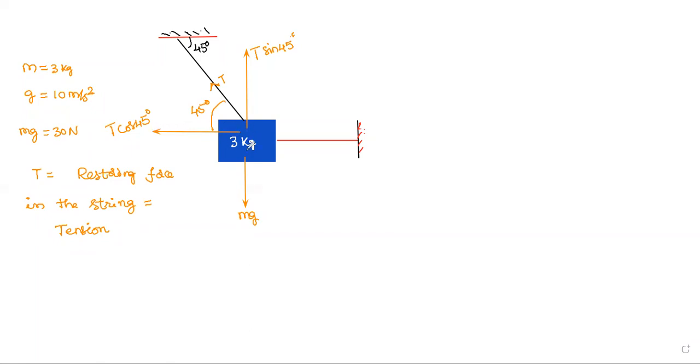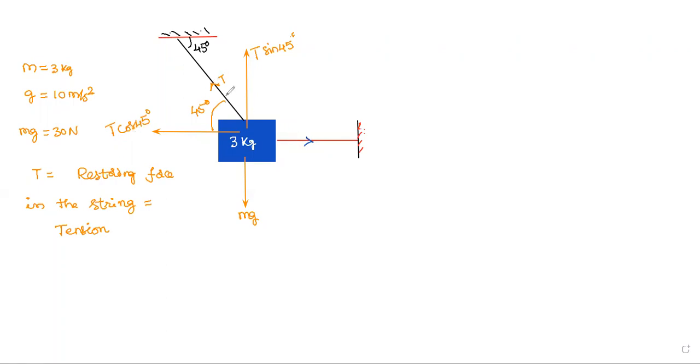But this mass can't move freely. It is connected to another string, the red color string towards the right. So when the mass tries to move towards the left, immediately some tension will be generated in the string towards the right.